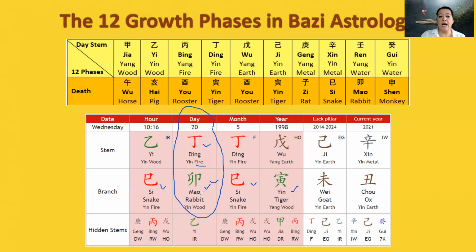Now, as far as spousal relationships are concerned, romantic relationships, your marriage, people with those 4 types of day pillars, so that would be the wood horse, the wood pig, the metal rat, and the metal snake, they have to put a lot of effort into their romantic relationships, into their marriages. What happens here often with those 4 types of people is that on the outside, everything looks fine.